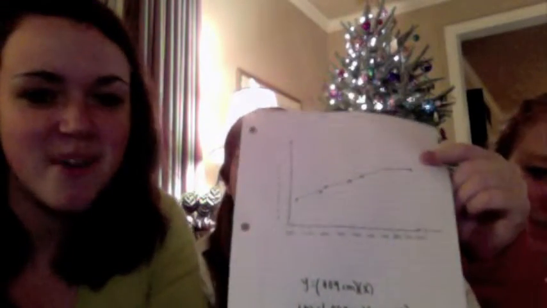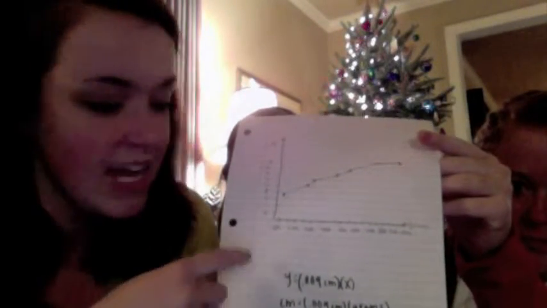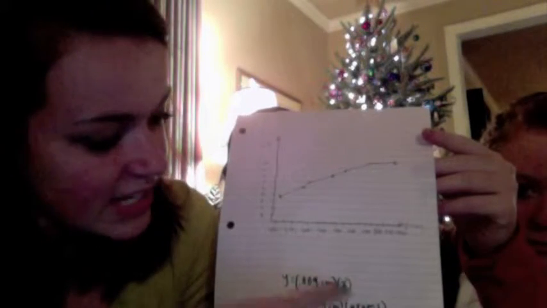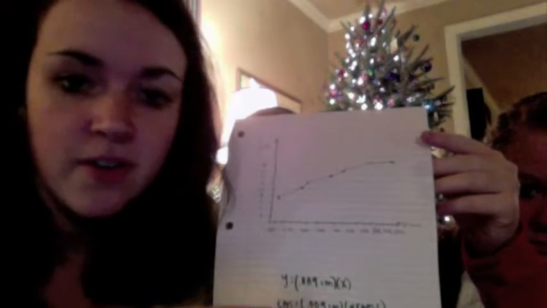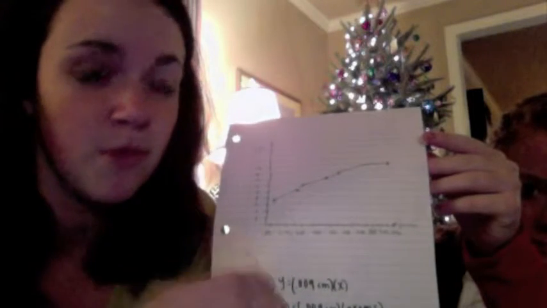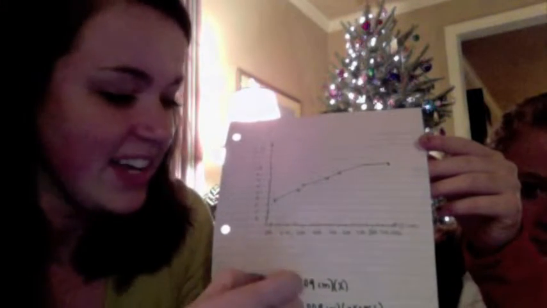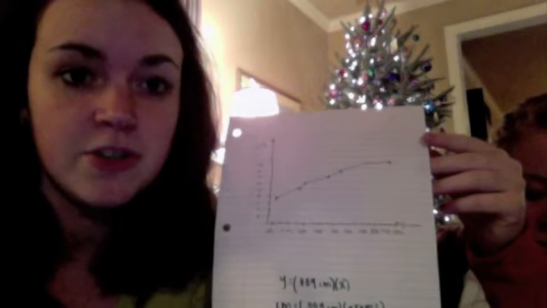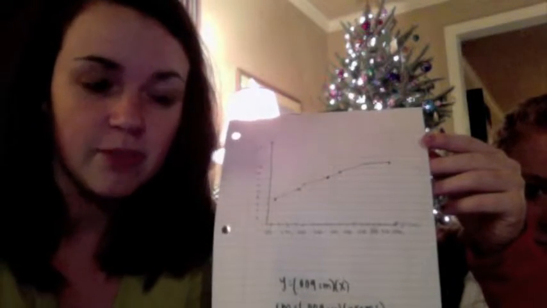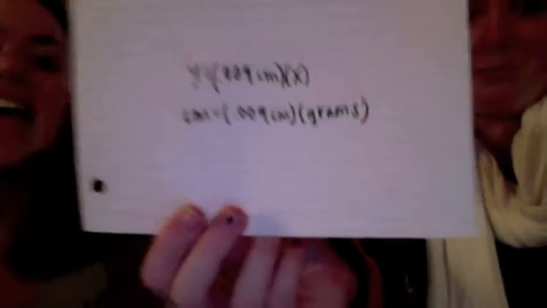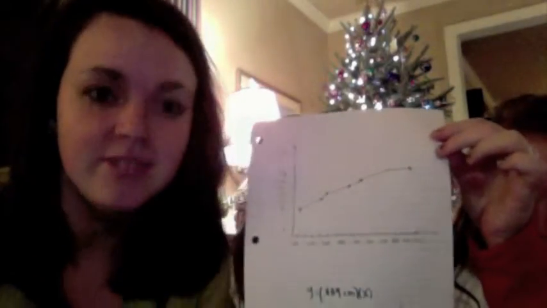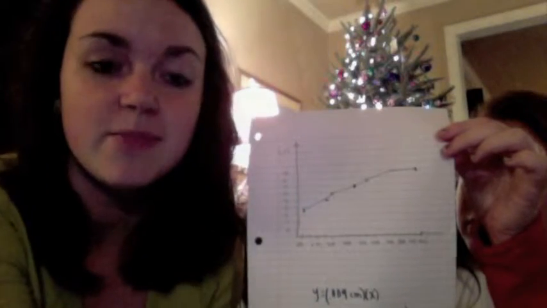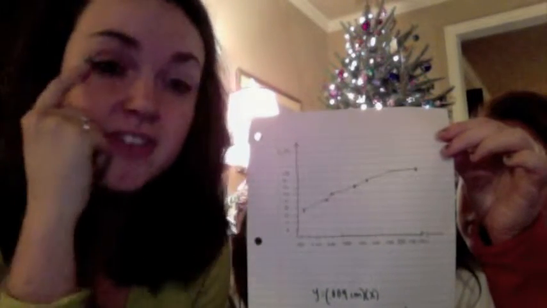Our mathematical model is linear, so we did centimeters for the y, and then x, grams, multiplied by 0.009 centimeters, which would actually be 0.9 millimeters. And that means that there are 0.9 centimeters per gram applied to each can. Oh, and there's no b to this equation because if there would be no grams falling off of this table, it would not travel any centimeters.